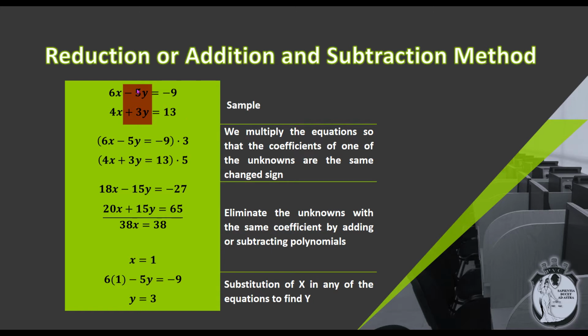You multiply the first equation by 3 and the second one by 5. You only use the coefficients to multiply the equations.